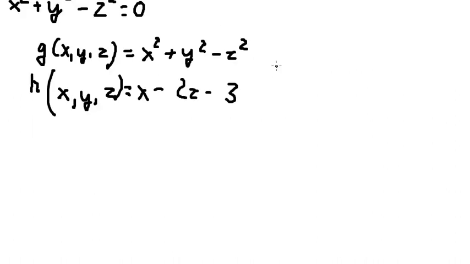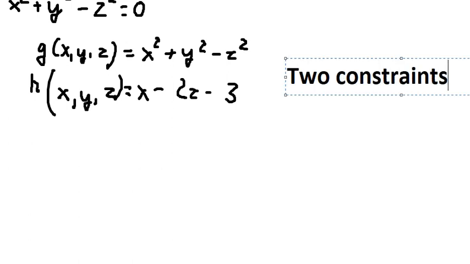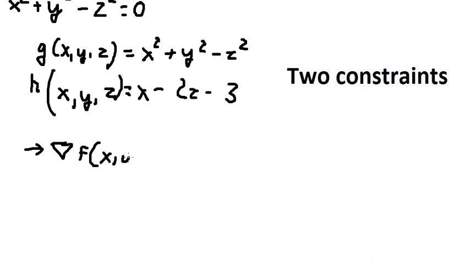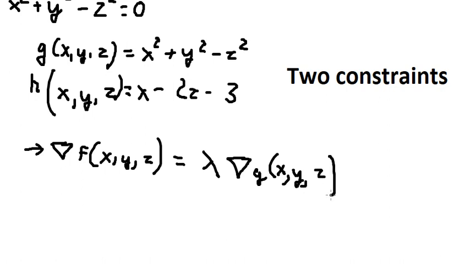So in this one we can see that there are two constraints in here. So we can apply the formula. We need to find the gradient of the function f(x, y, z) equals lambda times the gradient of g, and we have mu, that is about the gradient of h(x, y, z).